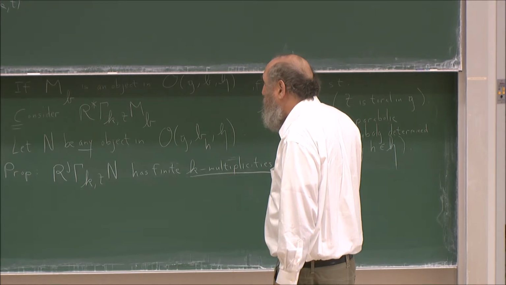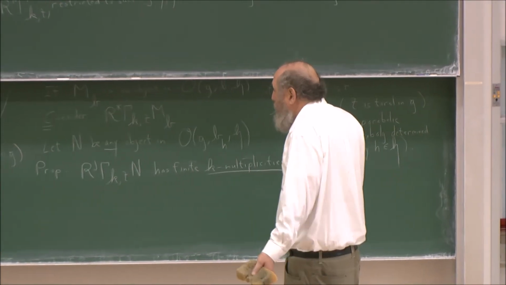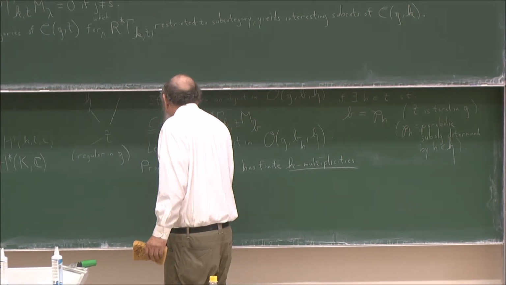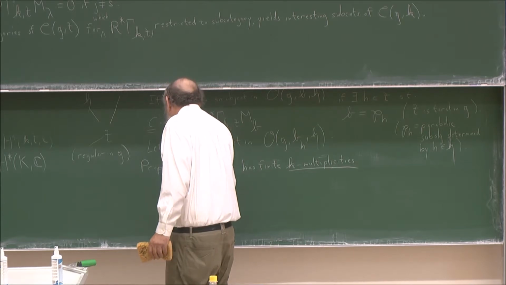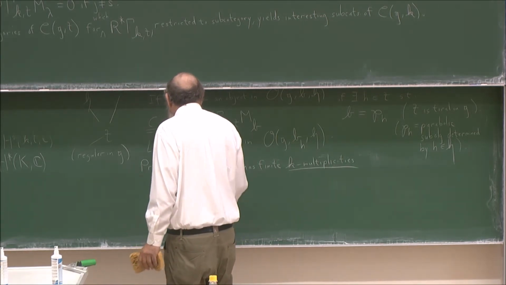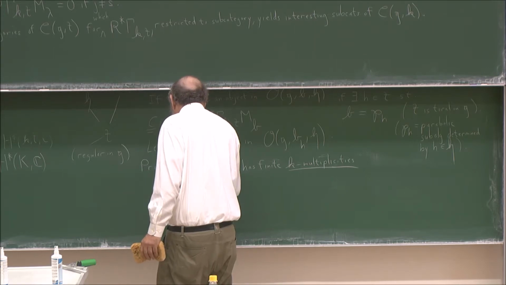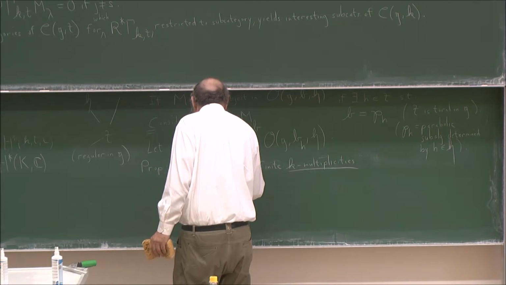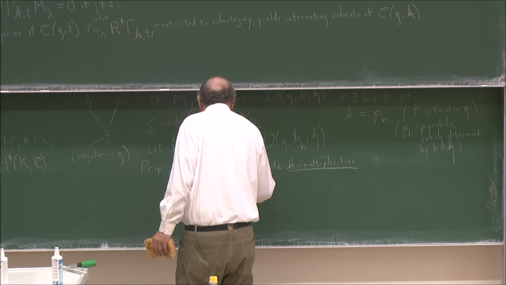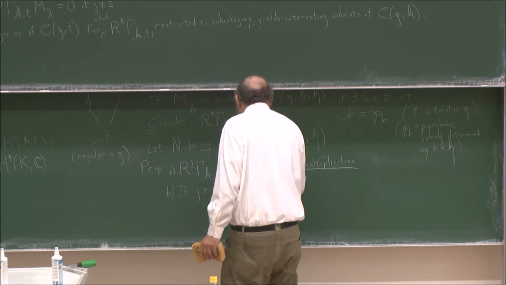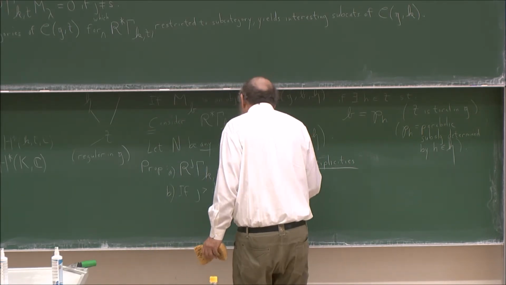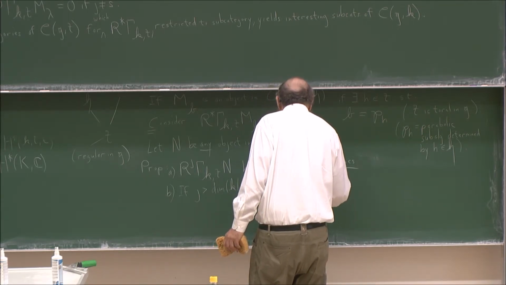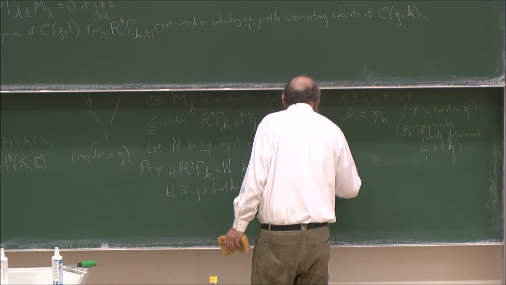Now we should also talk about then, R^j Gamma_{A,T} of N is zero.